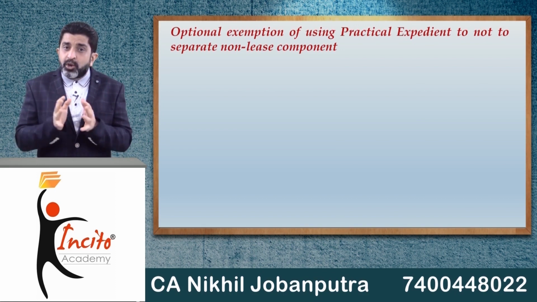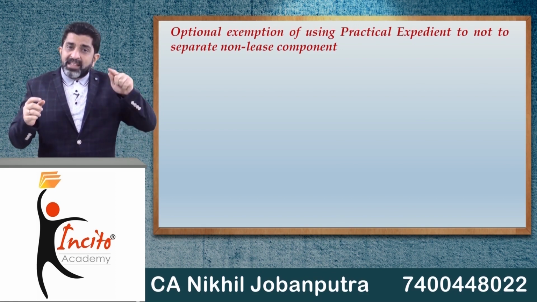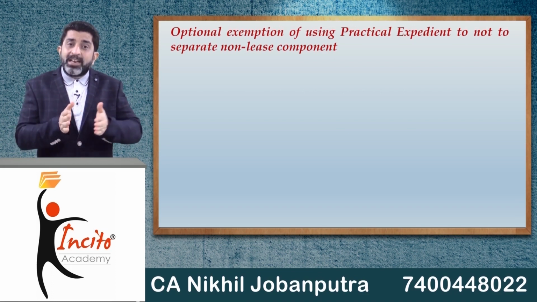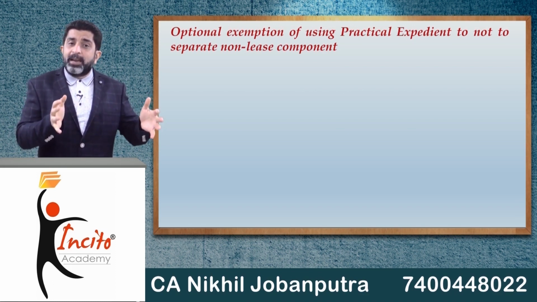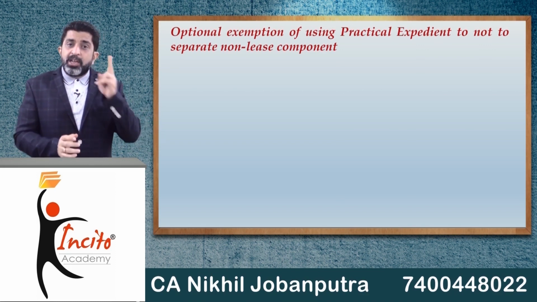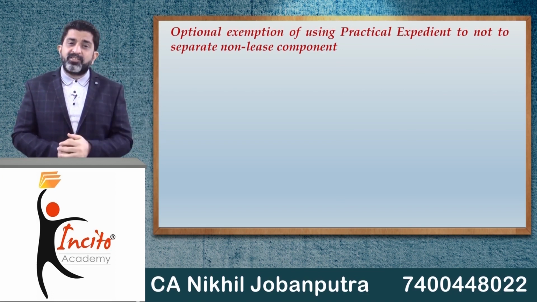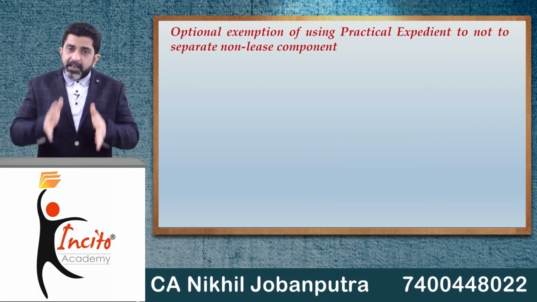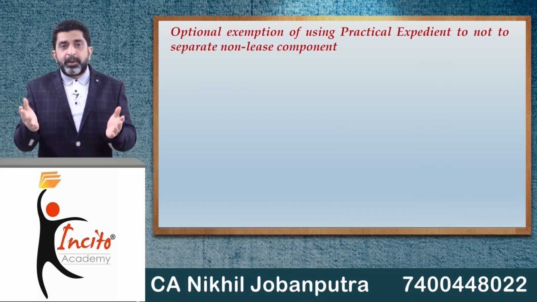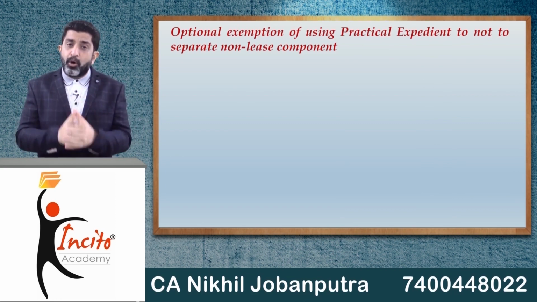The lessee is not supposed to make that election of practical expedient on lease components which are multiple assets. Each asset will be considered a separate lease if those two conditions that we have discussed earlier are fulfilled. Here the choice is for separating or not separating lease and non-lease components.